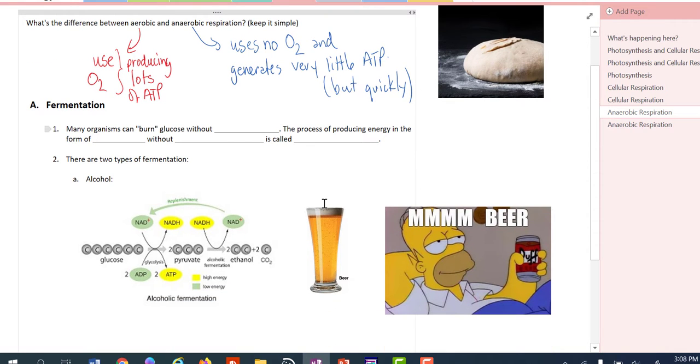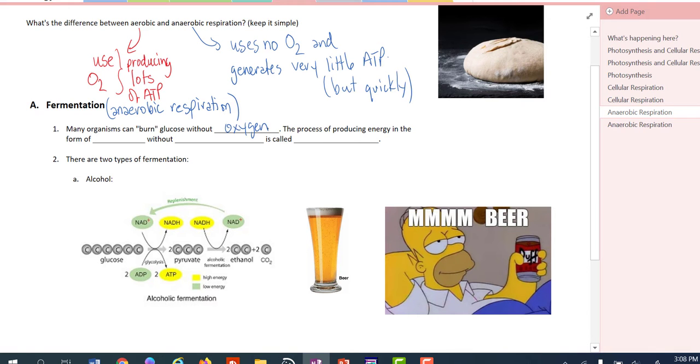So basically, anaerobic respiration can be referred to as fermentation. So fermentation is anaerobic respiration. Sorry for cramming that in there. Essentially, in the process of fermentation, organisms burn glucose. So we're burning our sugar without oxygen.